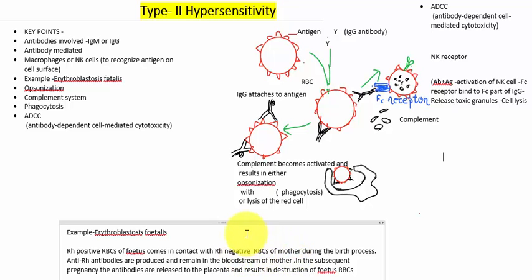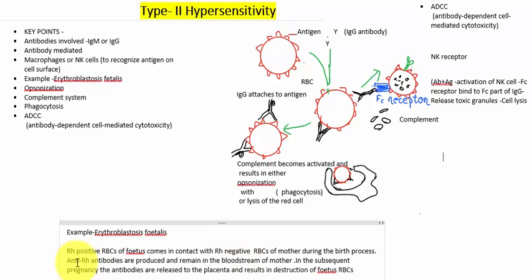So the mother contains the Rh negative antigen and the fetus contains the Rh positive antigen. During the birth process, the Rh positive RBCs and the Rh negative RBCs get combined.